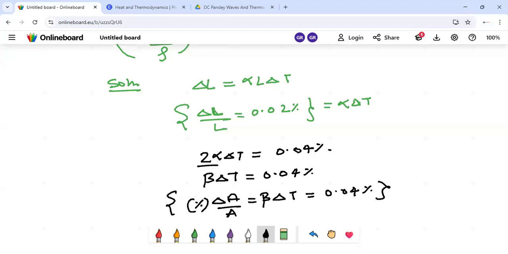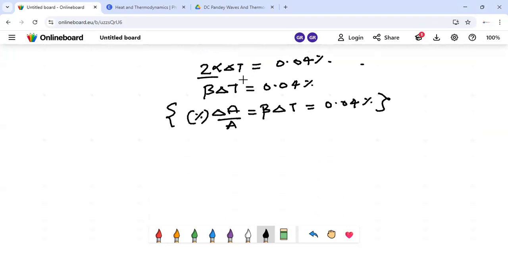Is that making sense? For us, percentage change in length is given. So from the percentage change in length, I calculated the percentage change in area by doubling it. Bhavesh, your answer is correct, beta.